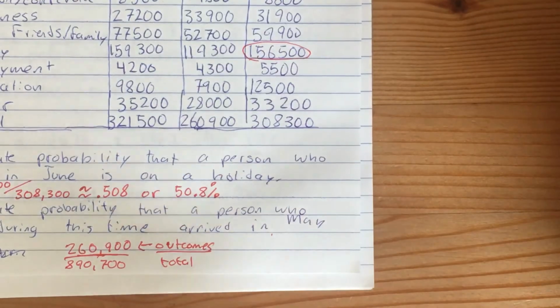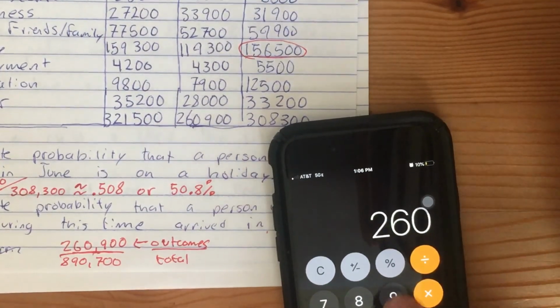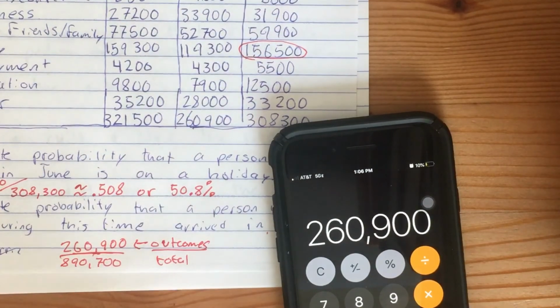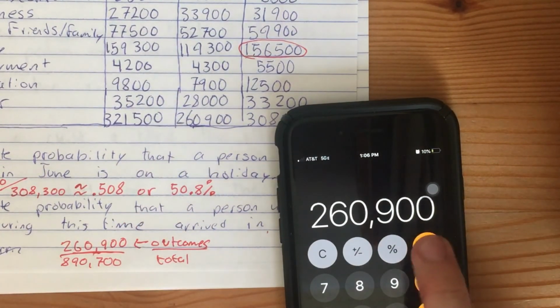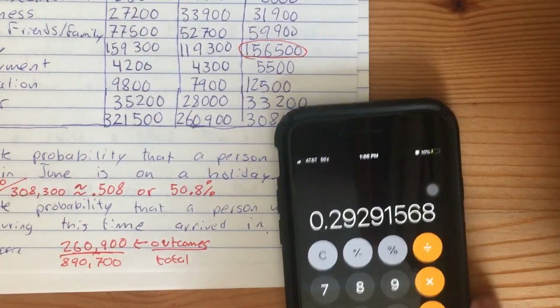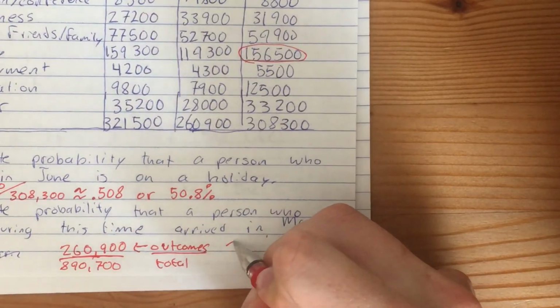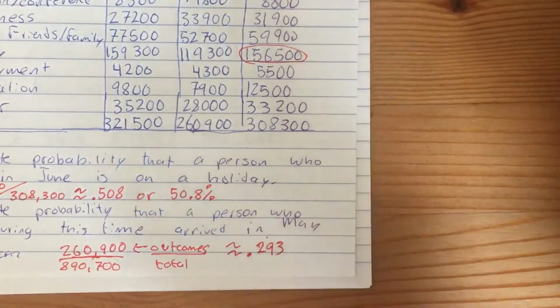Again, you're free to express that as a fraction, a decimal, or a percentage. For today, I'm going to express most of mine as decimals. So that's approximately 0.293.